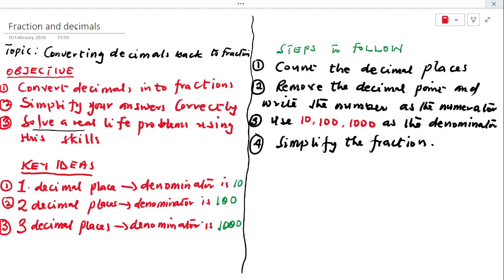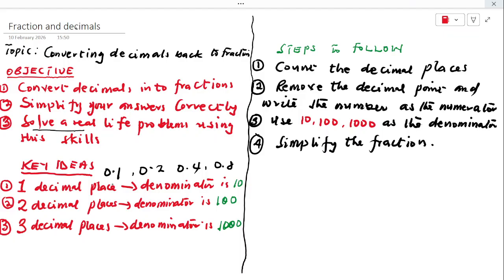Every decimal that is given in one decimal place, let's assume you have 0.1. This is a one decimal place decimal. The denominator is 10. So it could be 0.2, 0.4, 0.8. These are all one decimal place decimal fractions.